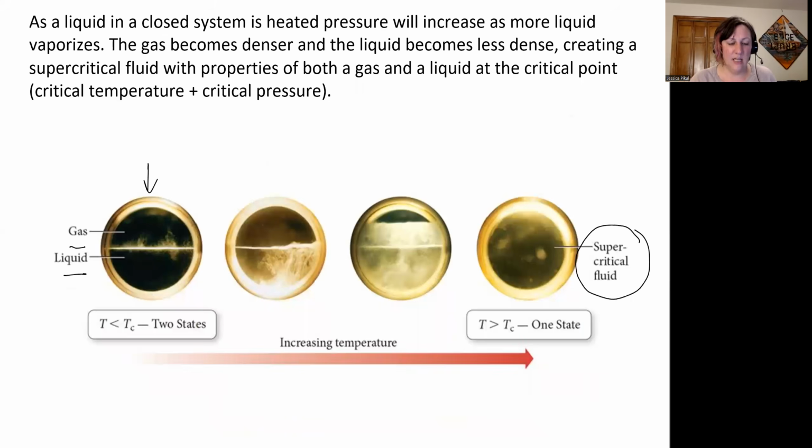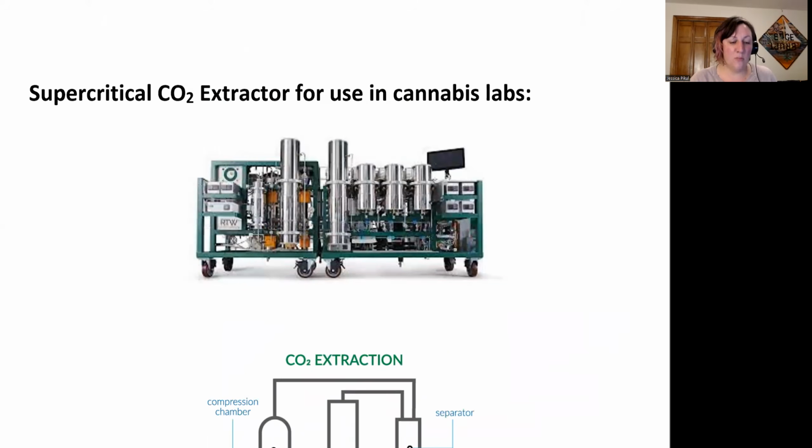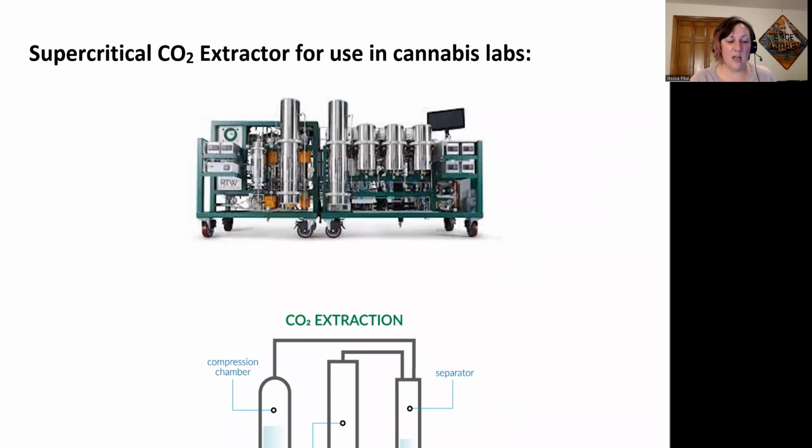It's fantastic. We will spend more time later in the quarter talking about supercritical carbon dioxide extractors that you might see in cannabis labs. They're usually pretty large setups just because you're processing a lot of material. Here's an example of one of them. We'll look at a few of them later.